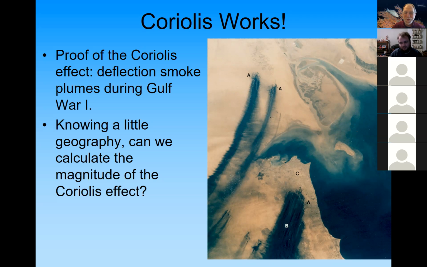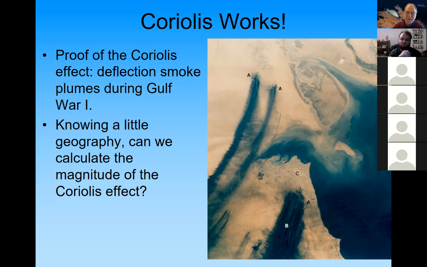Remember the picture that we showed, we were talking about the paper airplane? Well, the same thing applies if you fire an artillery shell. The artillery shell is also going to be deflected to the right or the left, depending on which hemisphere you're in. If you're trying to hit your enemy with your artillery shell, that little bit of difference is going to be important.